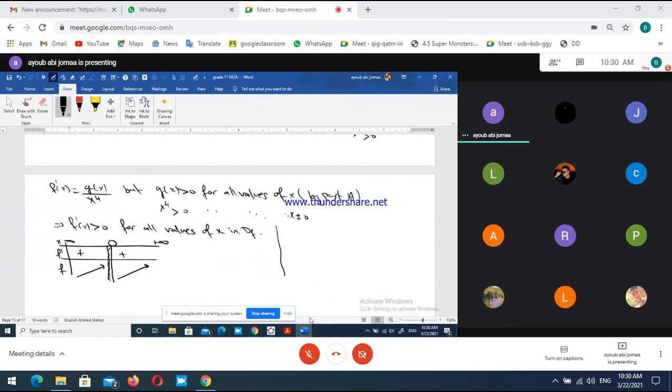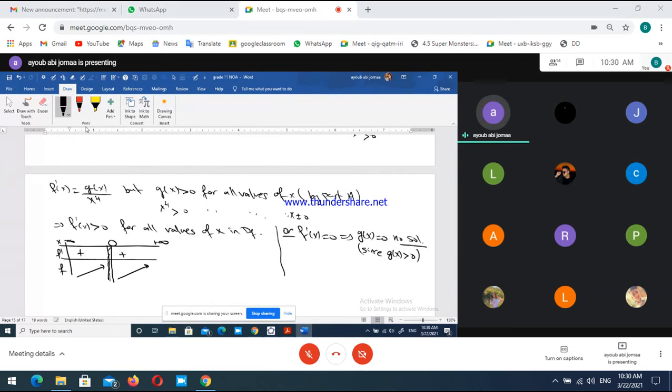The second way: if you put f prime of x equal to 0, it means that the numerator is 0, so g of x equals 0. And this has no solution, since we proved in part A that g of x is greater than 0.